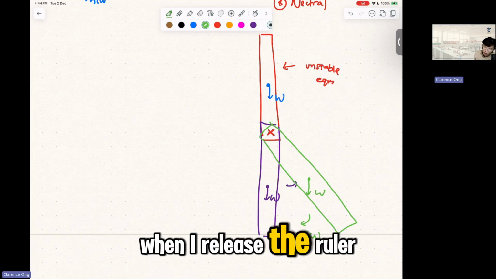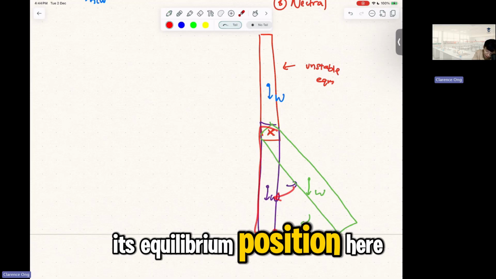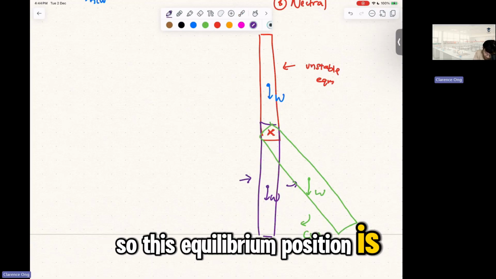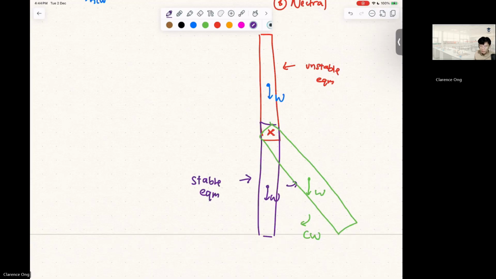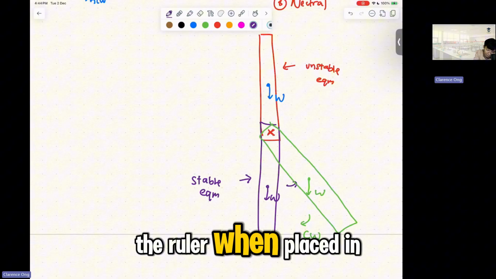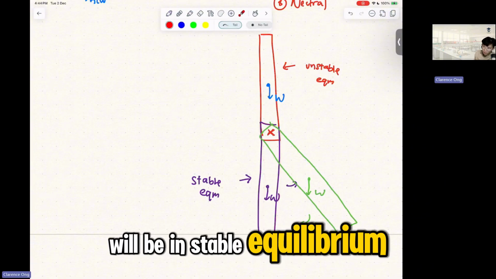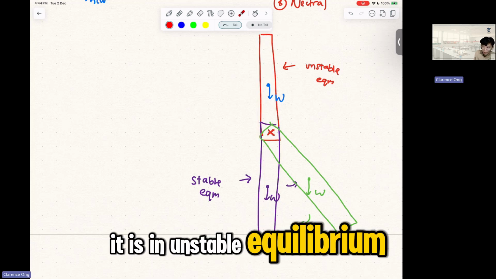So when I release the ruler from this displaced position, it will go back to its equilibrium position here. So this equilibrium position is our stable equilibrium. The ruler, when placed in this position, will be in stable equilibrium. If it is in the red position, it is in unstable equilibrium.